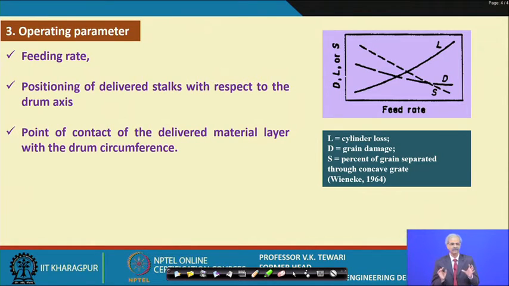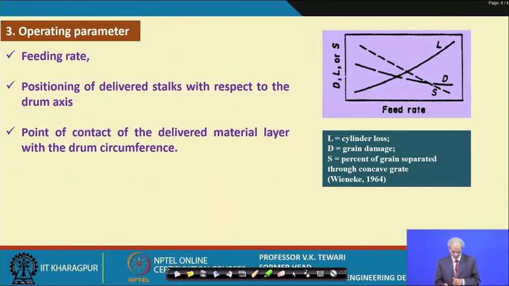Now, these are also going to affect definitely, because operating parameters, when we are going to feed it, how it is coming out, as I said, it will have an effect on all the three, in fact, the cylinder loss, the D and S, grain damage, etc. So, it has been seen that for all these there has to be an engineer's point of view and a trade off between all these values and the dimensions which we choose while we are evaluating the performance of the thresher.